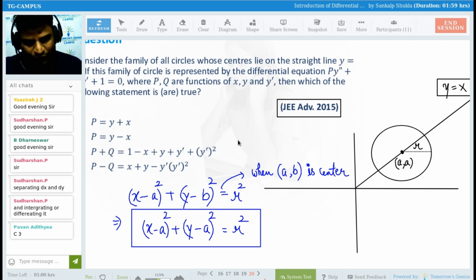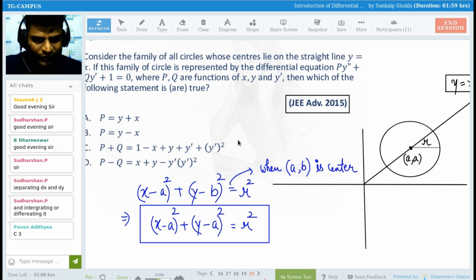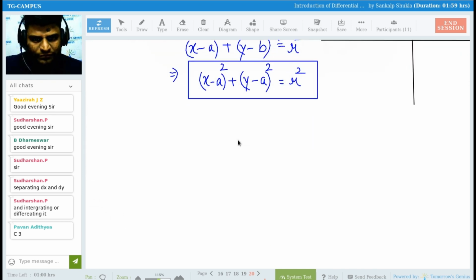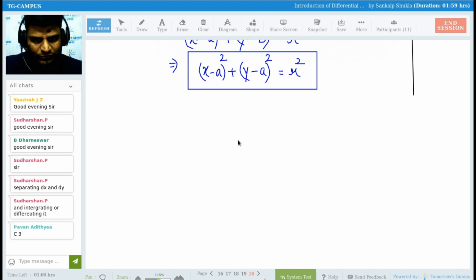2 minutes, you will try. That's very good. You can try it on your own, okay? So we have to start our question from here. Just form the differential equation for this curve and 90% of the question will be solved.